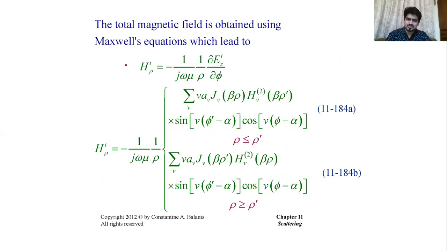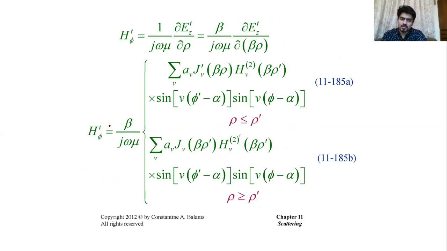Similarly, using Maxwell's equations, we can find the corresponding component of H rho, and this will be your H phi, again using Maxwell's equations. Why do we find those?